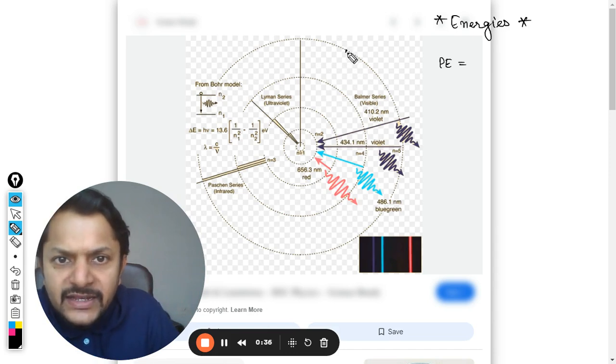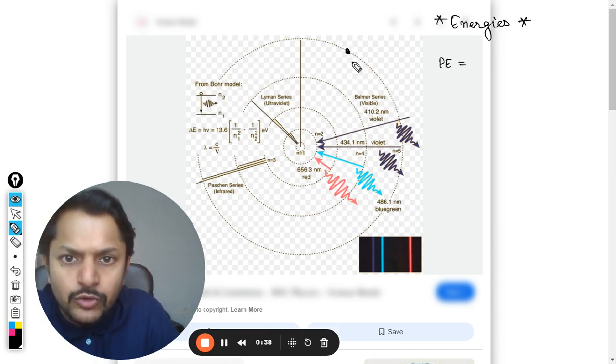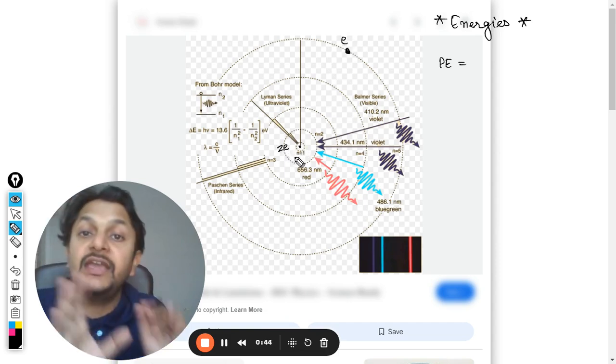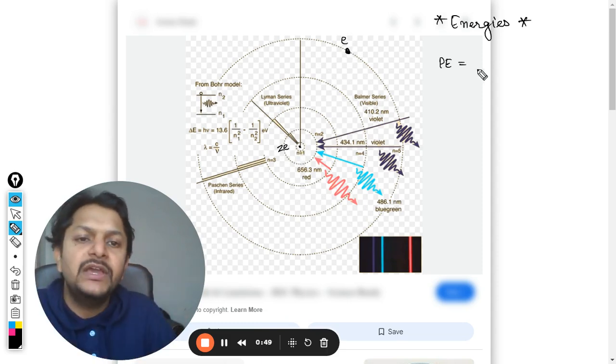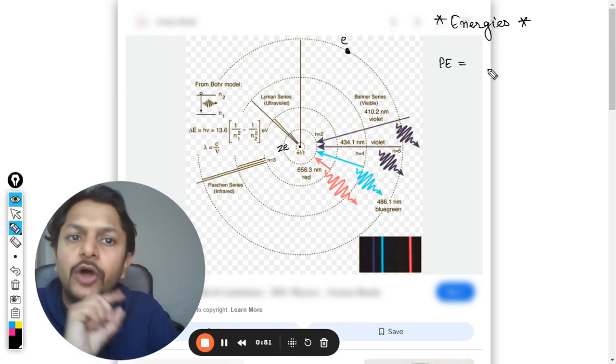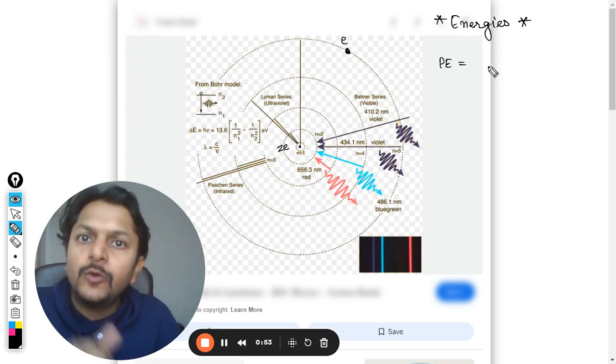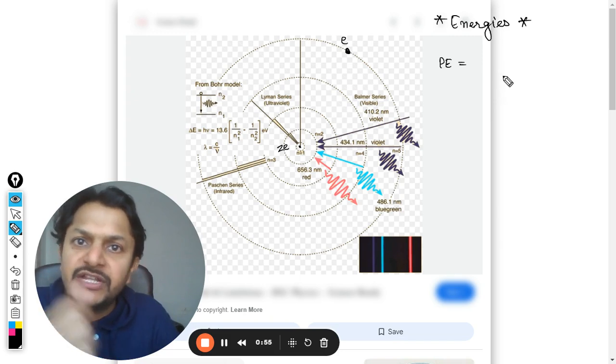So let's say there is an electron here and the electron is moving. The charge on the electron is e and the charge on the nucleus is given by Ze. Again, I'm not taking Z as 1, but we will substitute Z as 1 later. From our knowledge from topic D2, what is the expression for the potential energy in electrostatics?